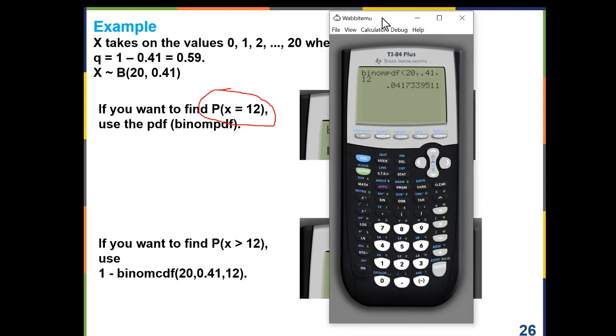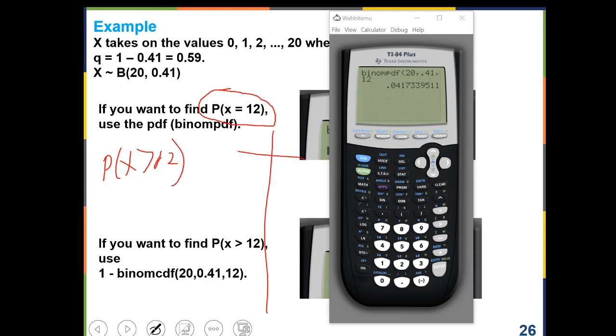So now, how do we find the probability for some other options? For example, the probability of X greater than 12. Well, notice that 0 is here, 1 is here, and it goes all the way to 11, and then goes to 12, and then goes all the way to 20, right? So greater than 12, not greater than or equal to, just greater than.